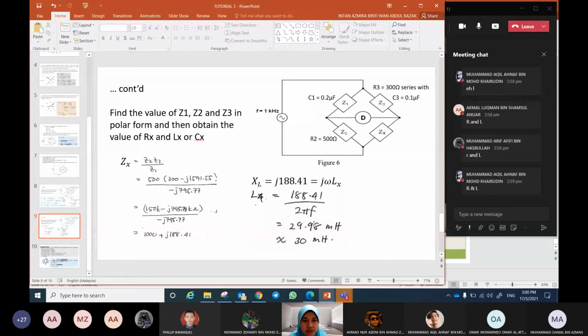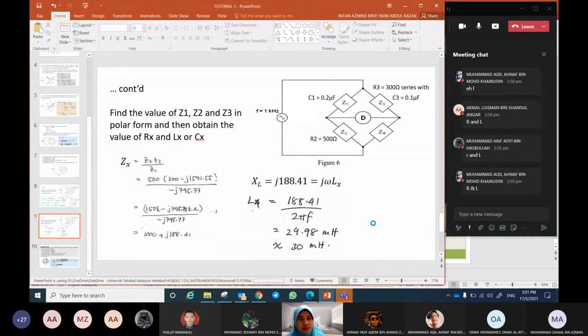Okay, class. So this real term is Rx. This is Lx. We call this term XL, the reactance of the inductor.